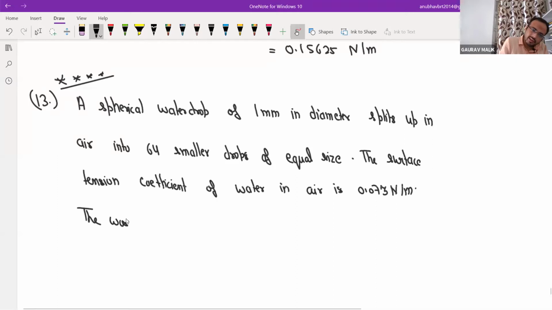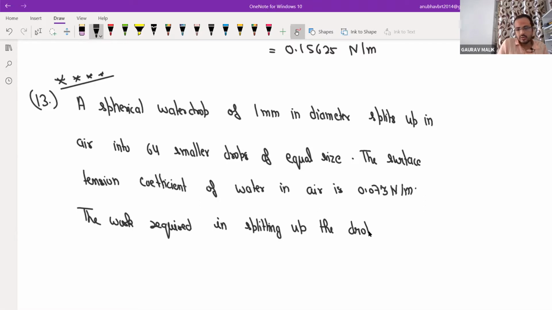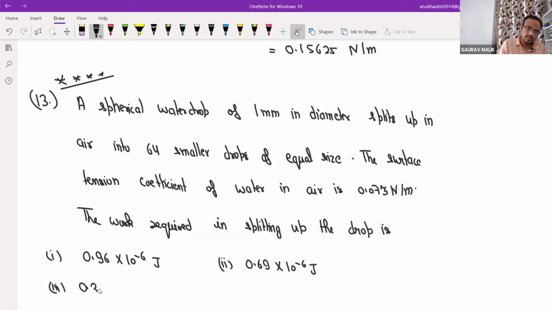The work required, you will get this question in your test series also. The work required in splitting up the drop is 0.96 into 10 to the minus 6 joule, 0.69 into 10 to the minus 6 joule, 0.32 into 10 to the minus 6 joule, 0.23 into 10 to the minus 6 joule.